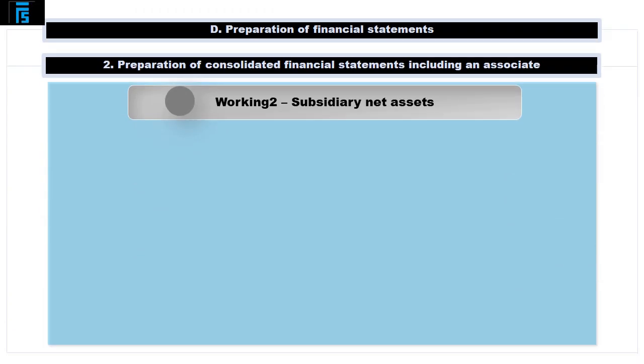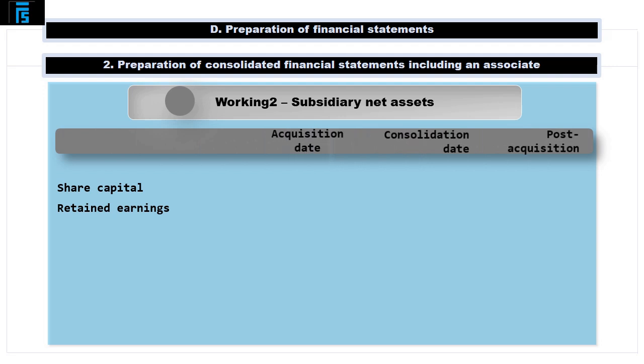The second working which we are going to need is called subsidiary net assets. On the left-hand side, I'm going to list the two lines that make up the net assets or equity of S, and that's share capital and retained earnings. This table is going to feature 3 data columns, which we will label acquisition date, consolidation date, and post-acquisition.